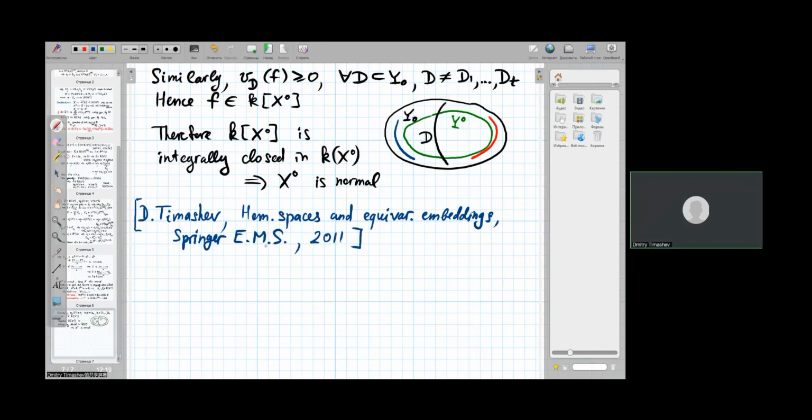And there is a chapter about invariant valuations in this book, so you can consult this book for these questions you are interested in.